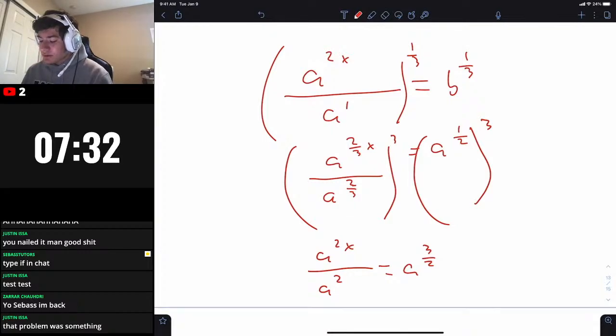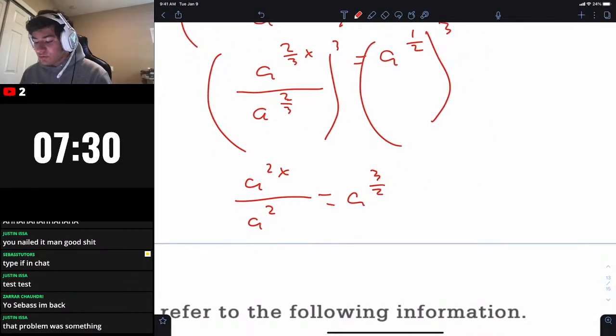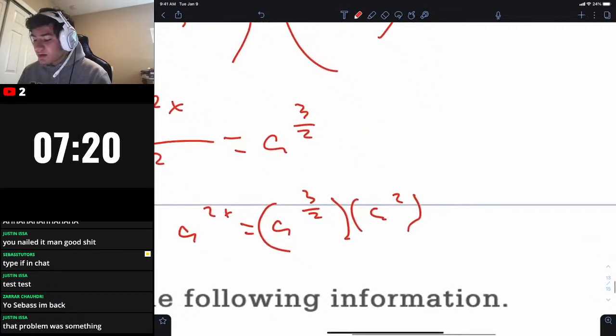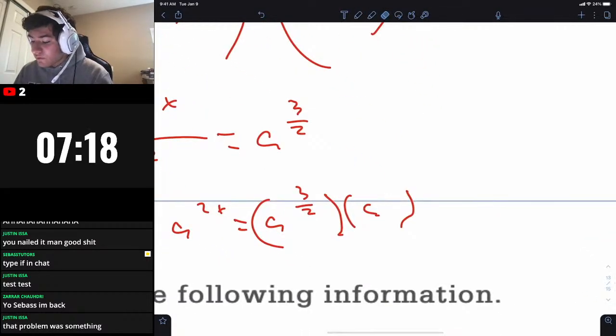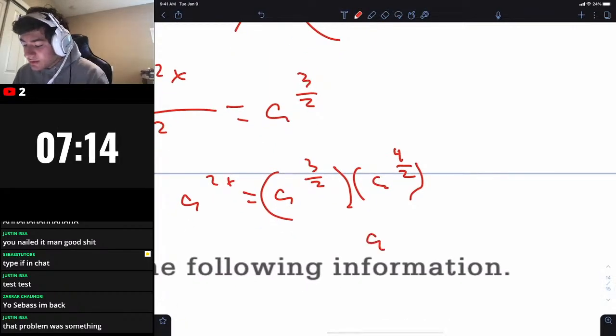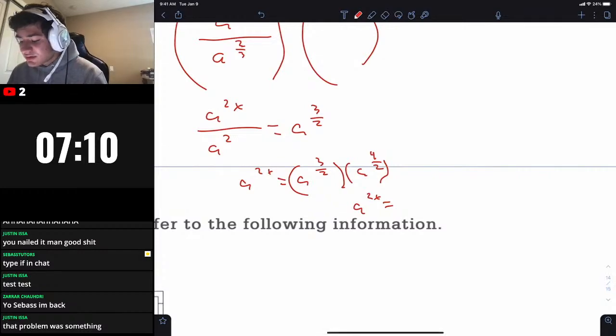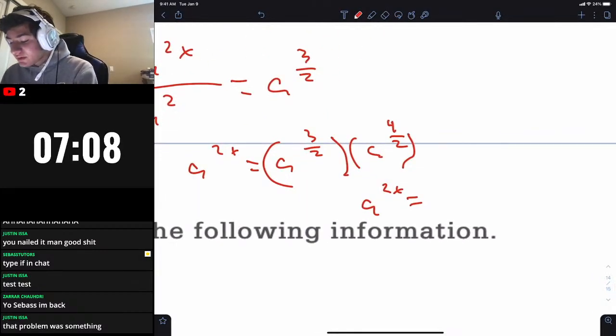Now I'm going to multiply by a squared. So I get a to the 2x equals a to the 3 over 2 times a squared. And this is the same thing as saying 4 over 2, and you can add these. So a to the 2x, yes, I think this works, is equal to a to the 3 plus 4 is 7 over 2.